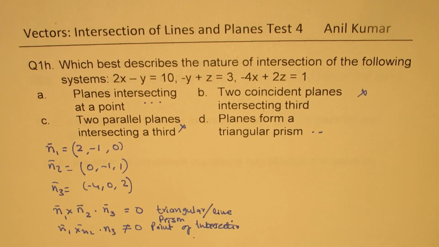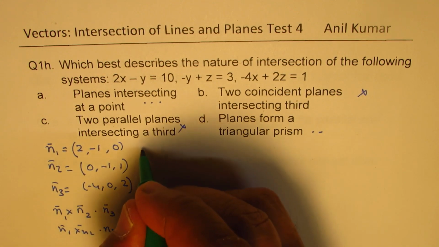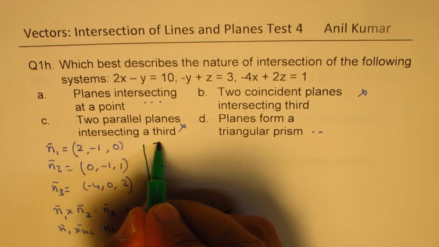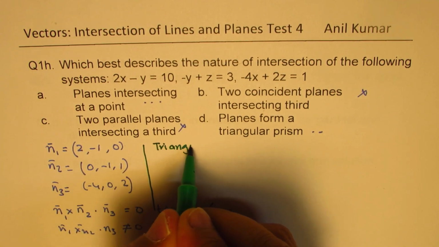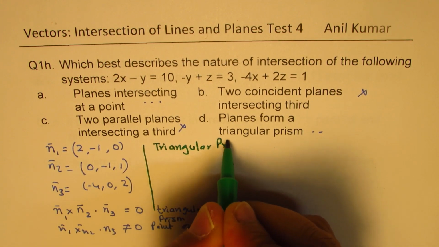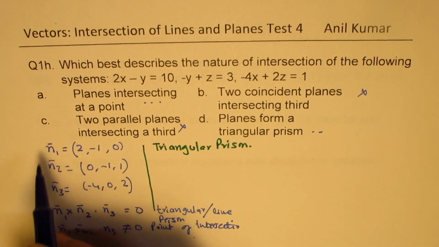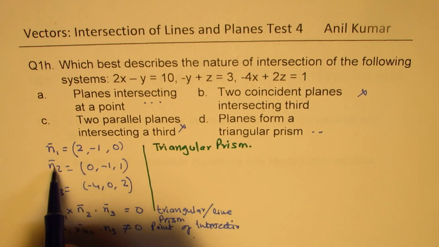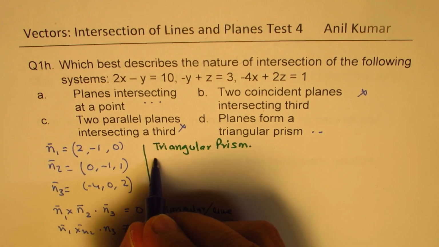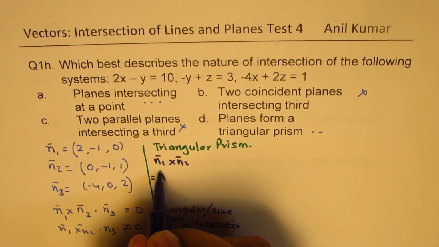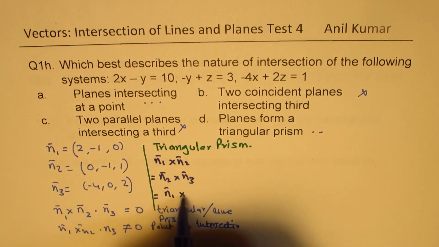Now let me share one more thing with you. For a triangular prism, if the question was changed and we are just checking whether it is a triangular prism or not, we have one more condition which you could work out. If these are intersecting in lines separately, in that case we'll have n1 cross n2 equal to n2 cross n3 equal to n1 cross n3.